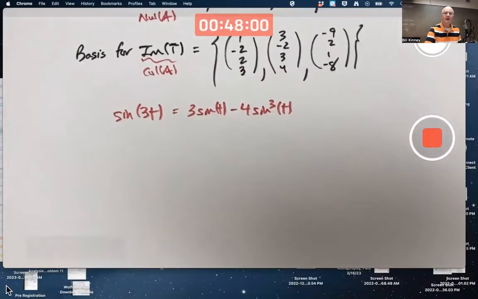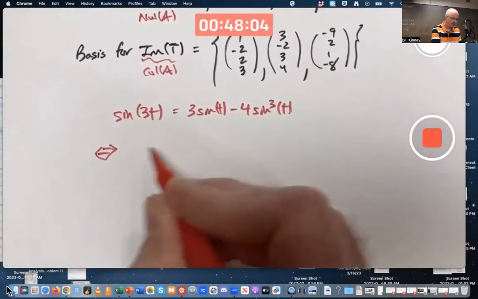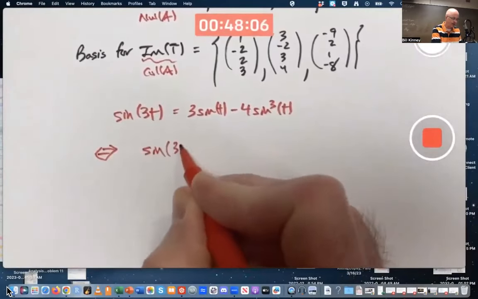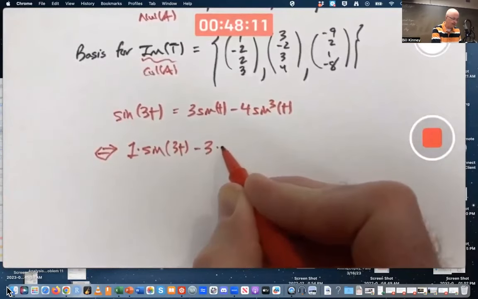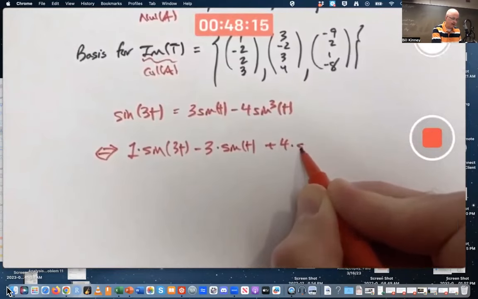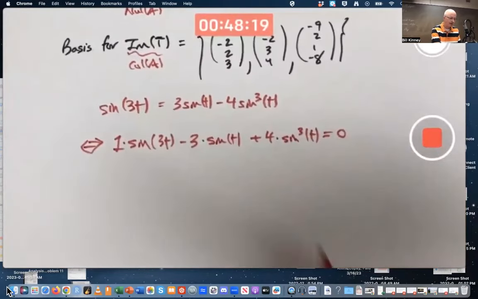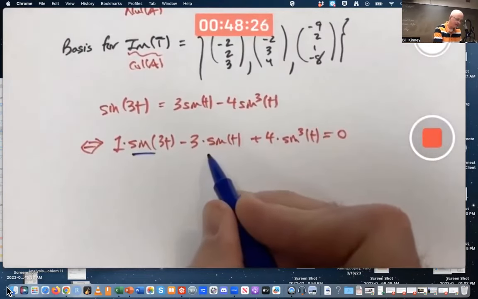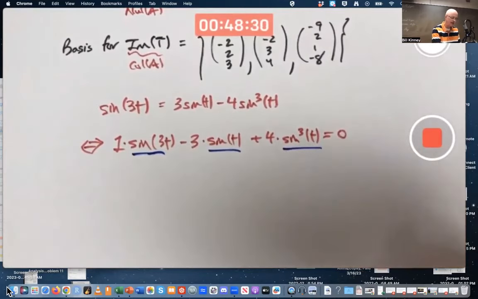This is related to linear algebra. You could rewrite this equation in this form, 1 times sine 3t, minus 3 times sine t, plus 4 times sine cubed t equals 0. I'm just getting all the non-zero things on the left side. Hey, that's a linear combination of 3 functions, sine 3t, sine t, and sine cubed t.